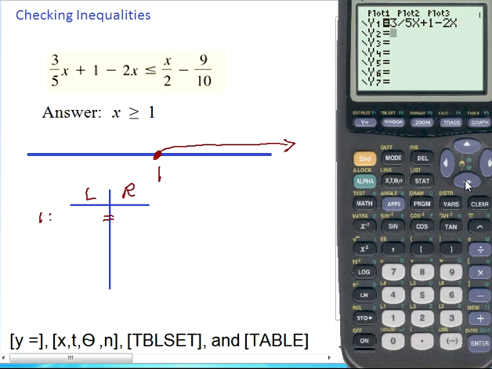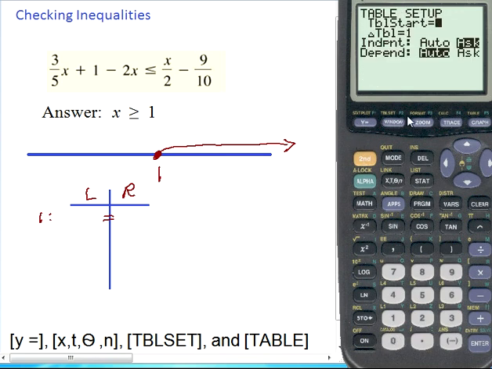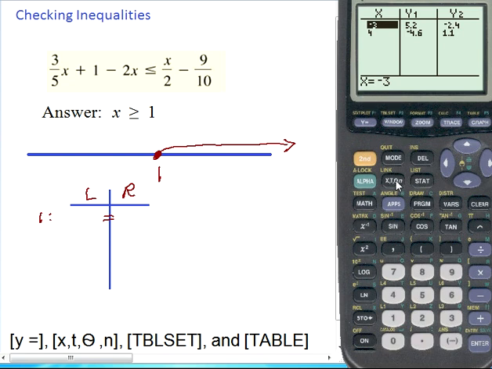And for y2 we'll put the right side, which is x divided by 2, minus 9 divided by 10. And we'll go to table set, and it does have independent on ask, so now we can go directly to table, and we'll use the table for checking.